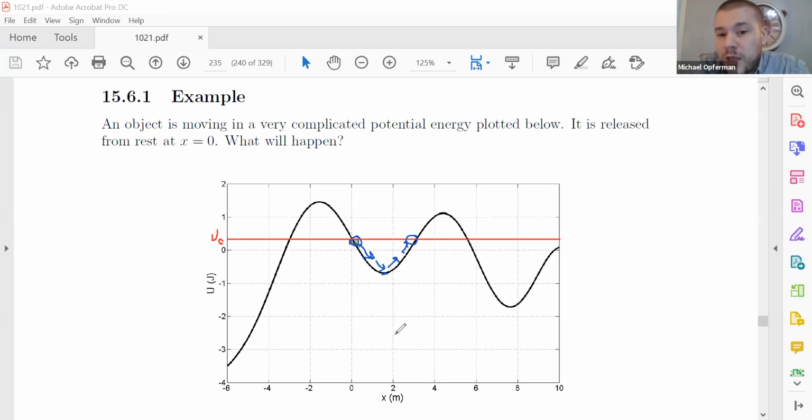So that means it will get to exactly the same height as where it started, and then it will stop because its kinetic energy is now 0 again. It'll stop, and then it will turn around and roll back down to the bottom again, and then it'll roll back up the other side, and it will get to that level again, and it will stop and turn around, and it will roll back and forth around that minimum in the potential energy curve.